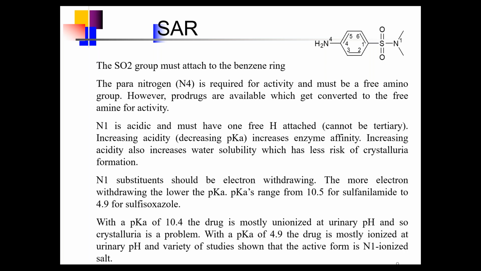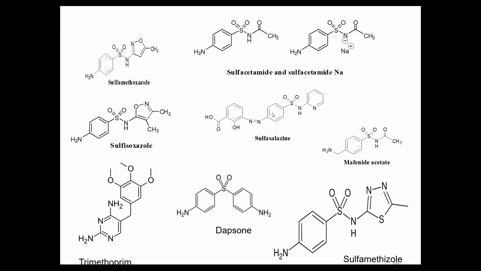Yes, don't forget the pH part, that is also important for activity. Now, based on their duration of action, like short acting, intermediate acting, and long acting, that means how many hours of activity the sulfonamide class of drugs has shown. Short acting drugs show activity for around 6 to 9 hours, and the examples are sulfadiazine, sulfamethazine, sulfisoxazole and sulfacetamide.